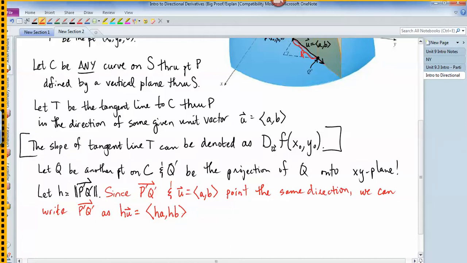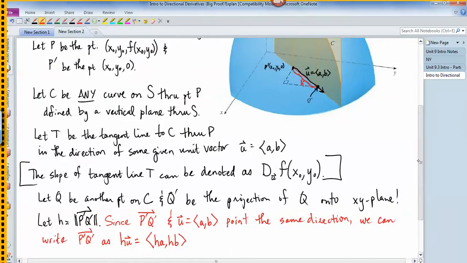Okay, so if we go up to the diagram here, ha is the amount that PQ goes in the x direction. So this part right here is ha, and this part right here is hb.